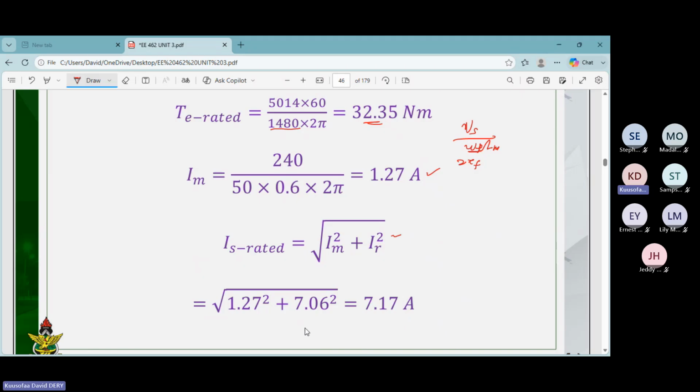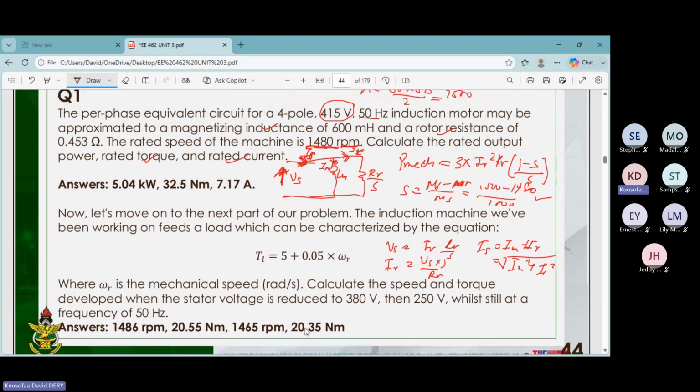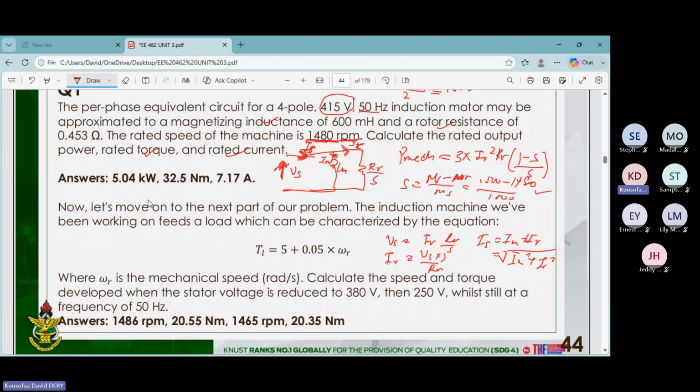Okay, so let's continue. Now let's move on to the next part of the question. The induction motor we have been working on feeds a load, which can be characterized by this particular equation. The load torque is given by this relationship, where omega R is the mechanical speed in radians per second.